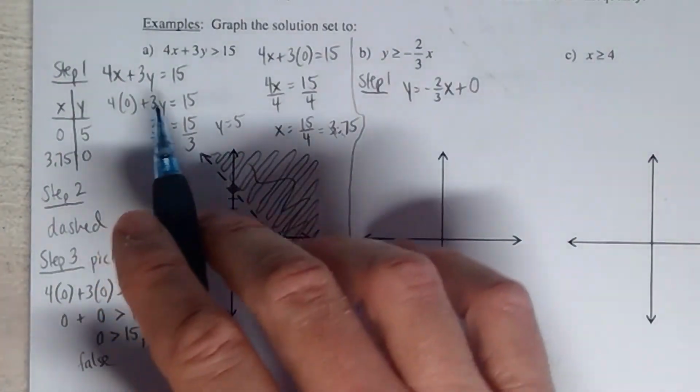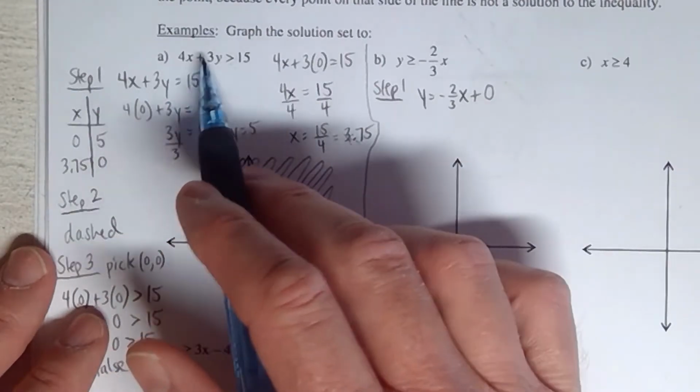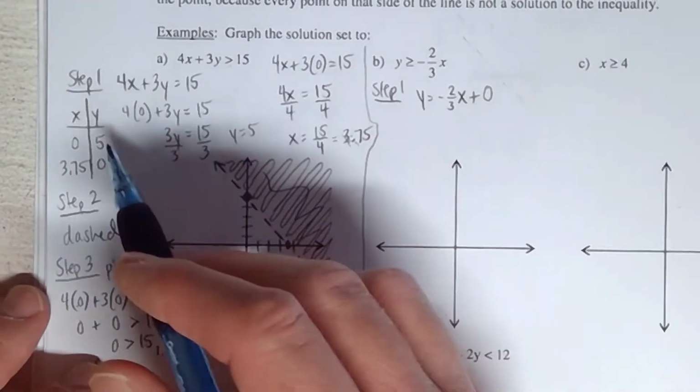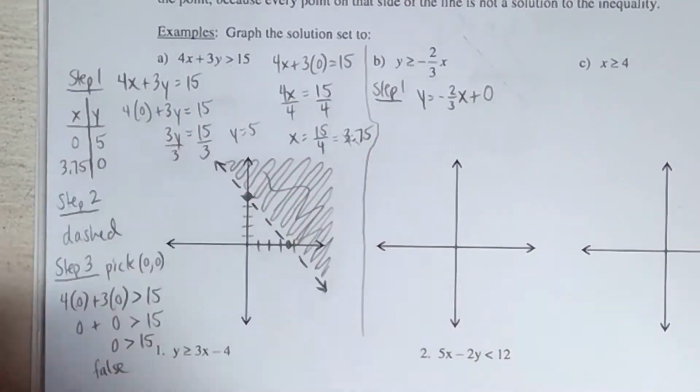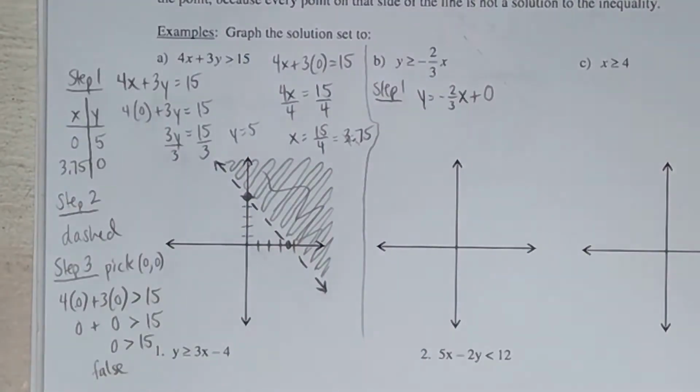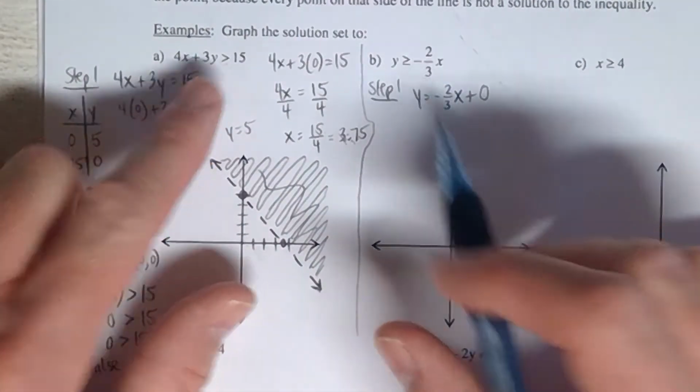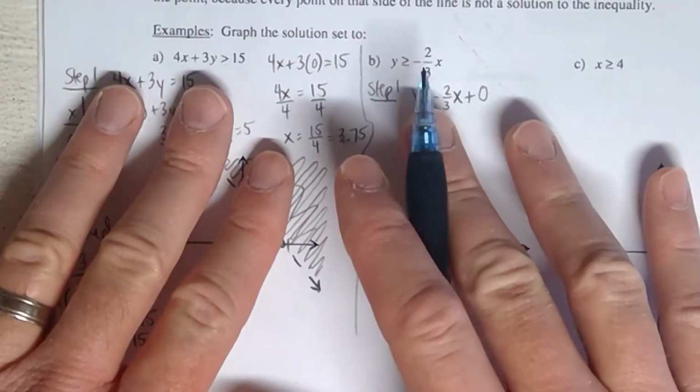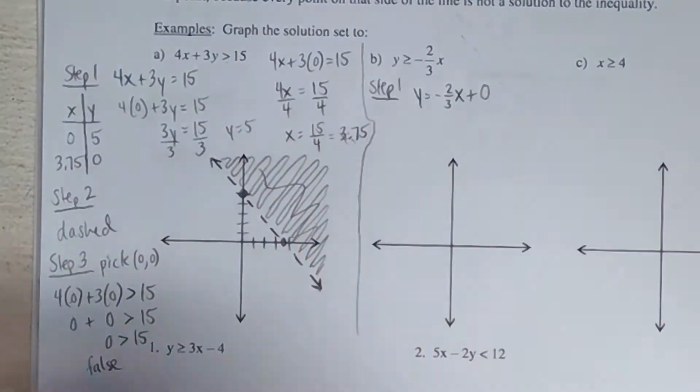I just elected, because whenever you have both variables visible there, you can always do this thing where you just plug in a couple of numbers. But you also have the slope intercept strategy that you can use as well. It's your choice. All right, as long as both variables are visible, you could do either method.